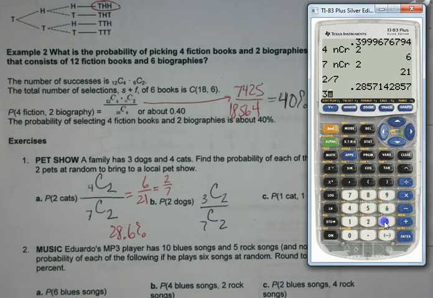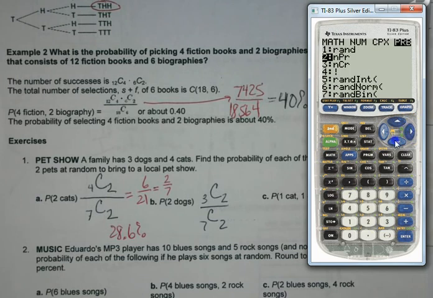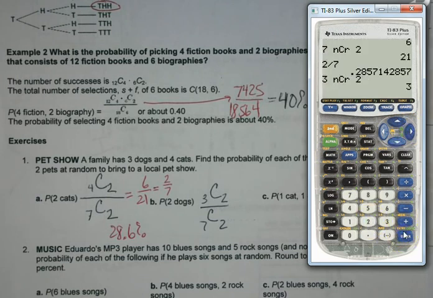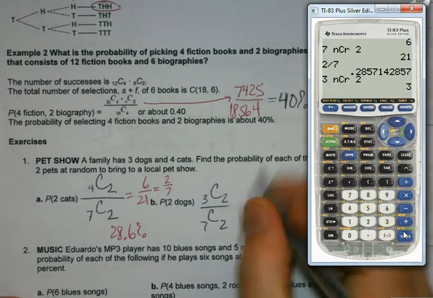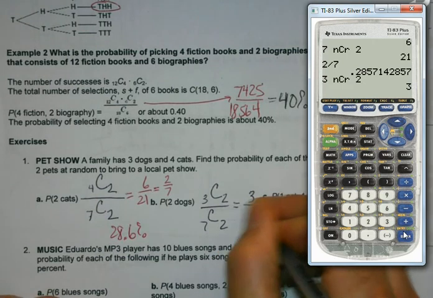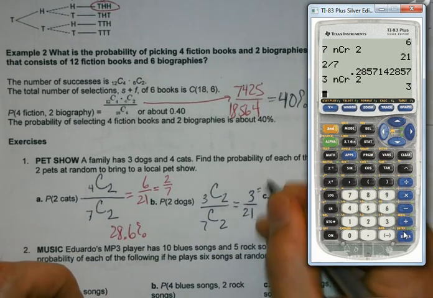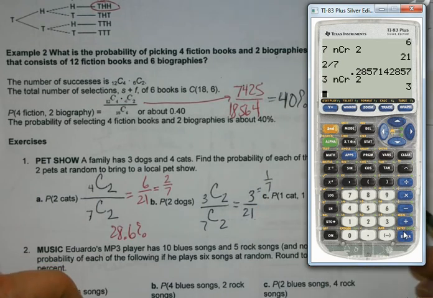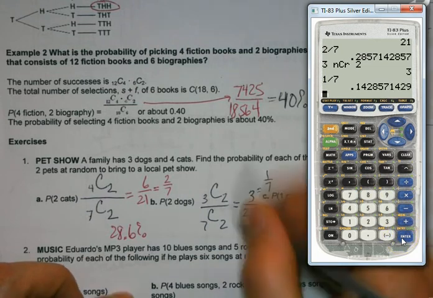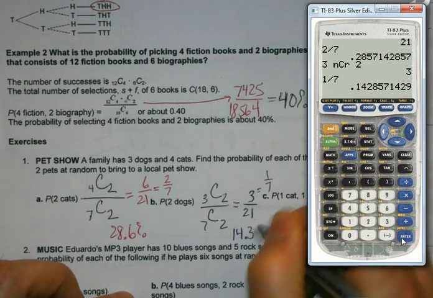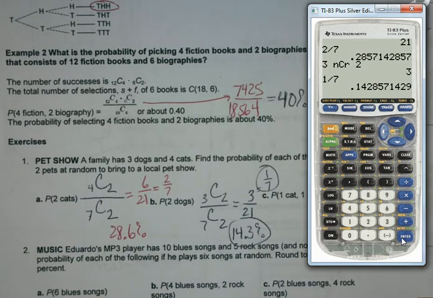So I'd have 3 pick 2, but my denominator would still be the same, so I really don't need to do that again. 3 over 21 would be 1 out of 7. And again, if you wanted to do it via a percentage, looks like about 14.3%. Okay? Either one of those is perfectly acceptable, unless you're specifically told to find it one way or another.